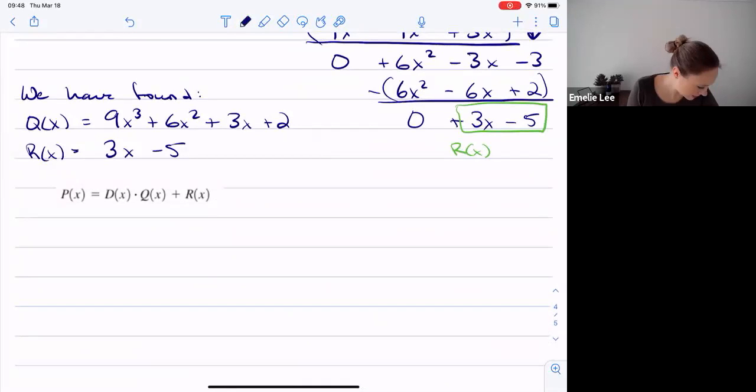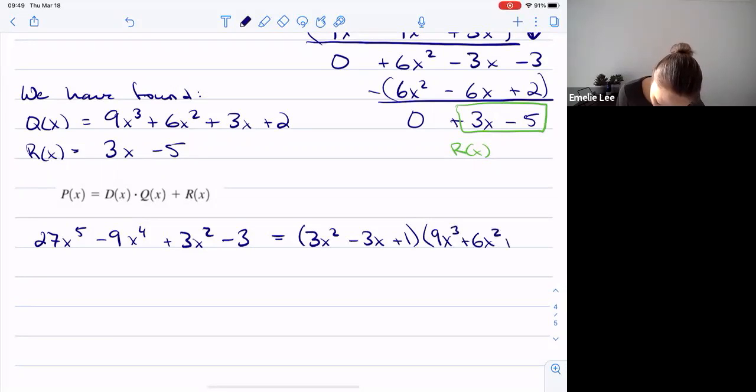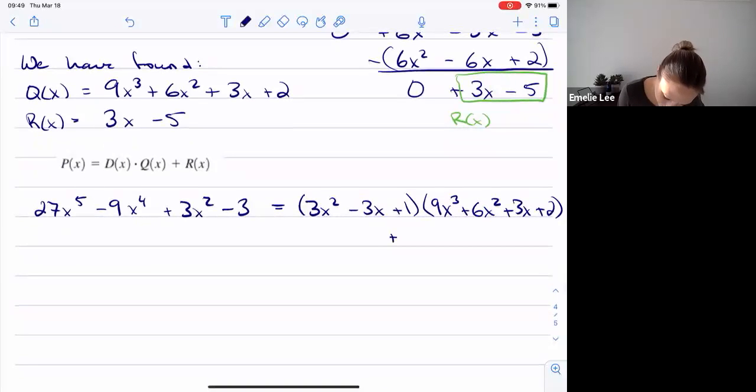So p of x is, in this case, 27x to the 5 minus 9x to the 4 plus 3x squared minus 3, is the divisor, which was 3x squared minus 3x plus 1, times q of x, which is 9x to the 3 plus 6x squared plus 3x plus 2, and then plus the remainder, which is 3x minus 5.